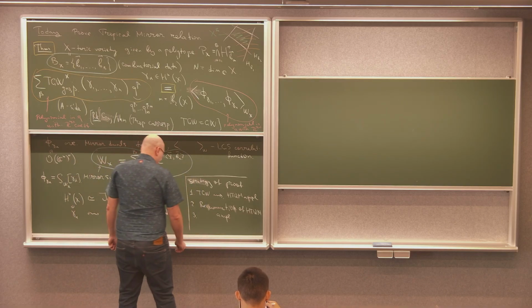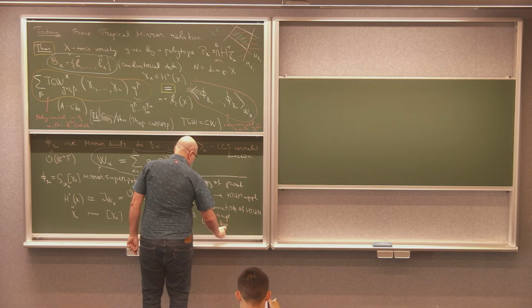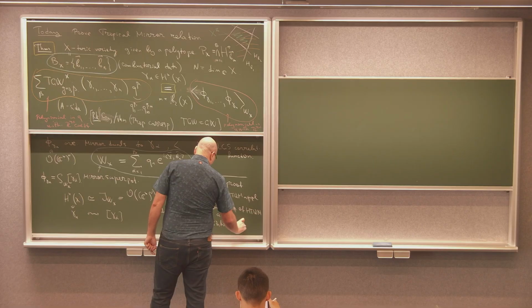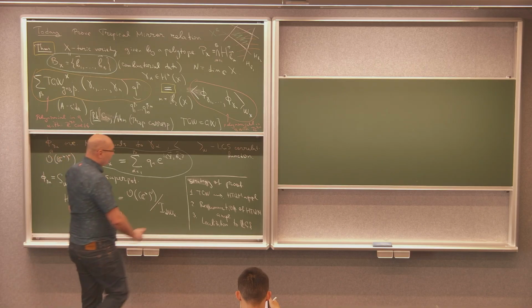And then step 3 is localization to the Landau-Ginzburg-Saito model. So that is the schematic strategy of the proof.